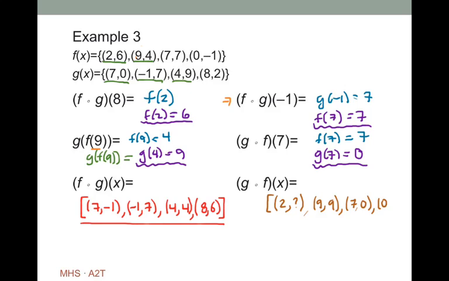So we plug in a -1 here, we're going to get out a 7. And so our final solution set is just the 3 ordered pairs where we do get an x and a y value. That first one didn't have one, so we just drop it. Okay, so that one is undefined. So our solution set will be 9, 9, 7, 0, and 0, 7.